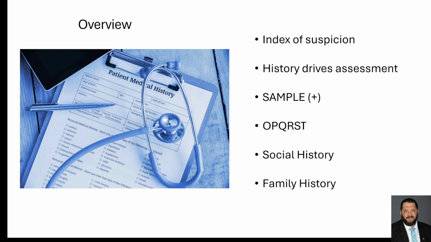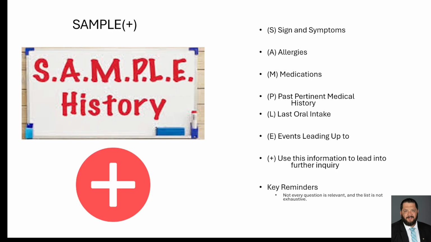Social history we've talked about a lot. Does the patient have food insecurity? Do they have access to clean drinking water, to their medications, to regular medical care? All of those things become important in how the acuity of health needs for this particular patient may be taken care of. So with that, let's start out with SAMPLE.